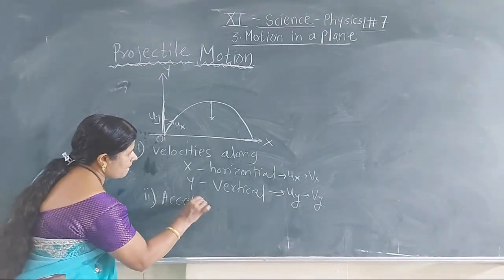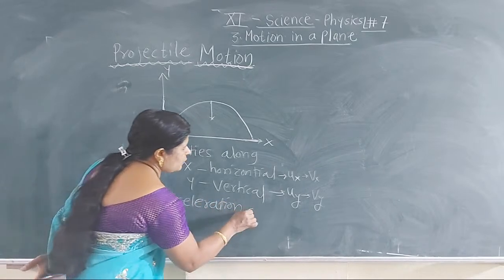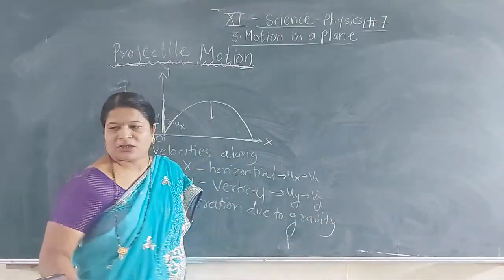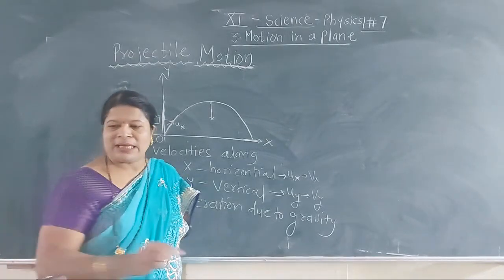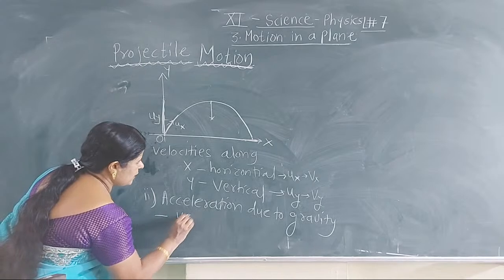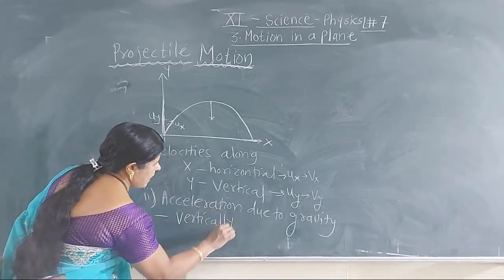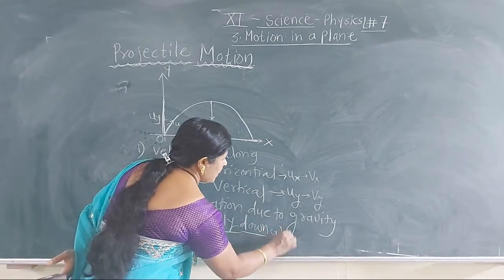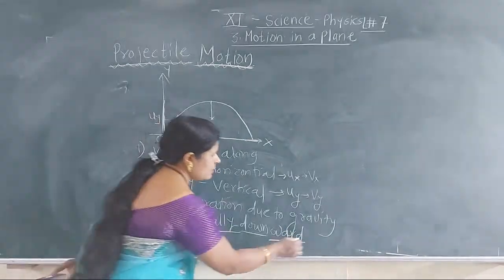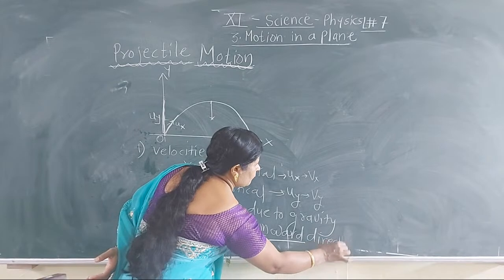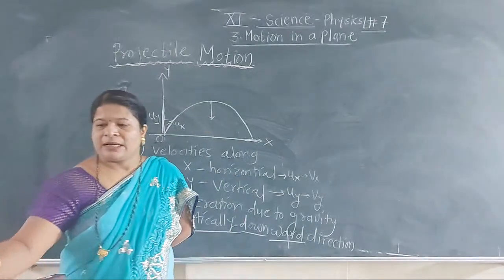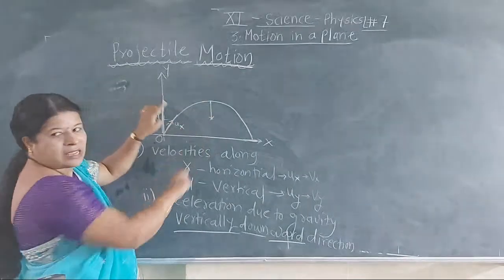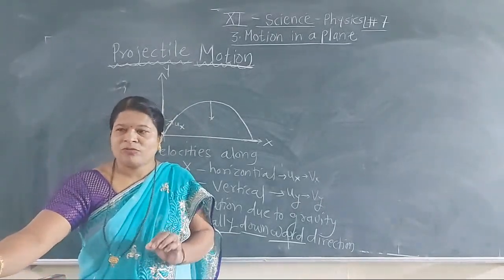Acceleration due to gravity acts only in the vertically downward direction, and vertically downward direction means along the y-axis, or along the y direction.